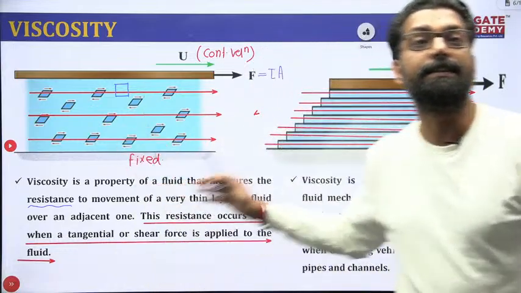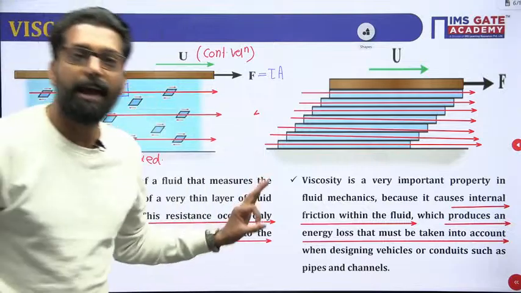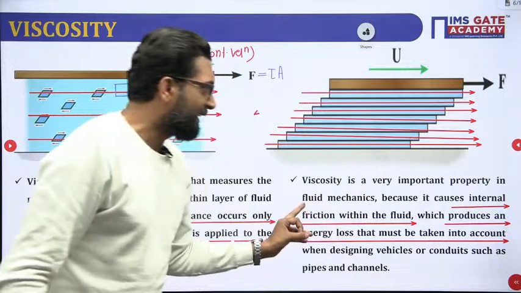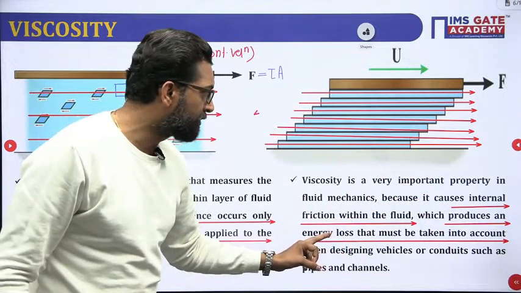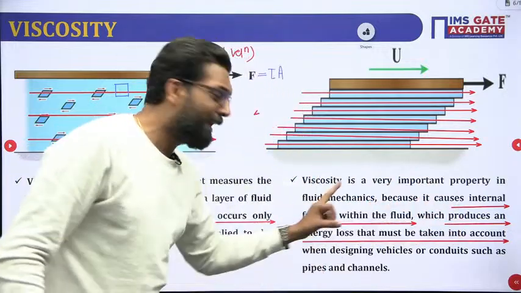That's why this is important. Why is viscosity important? That is your answer. Because, beta, due to the viscosity, there must be an internal resistance, internal friction, and due to that internal friction, an energy loss is produced.